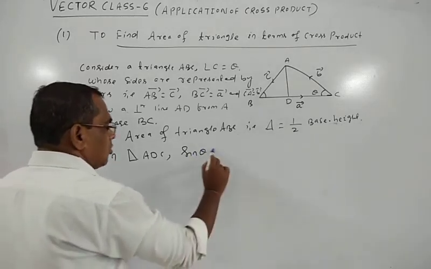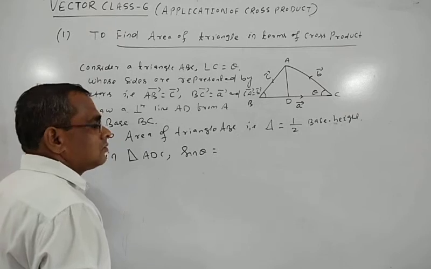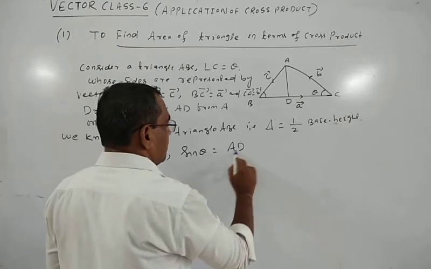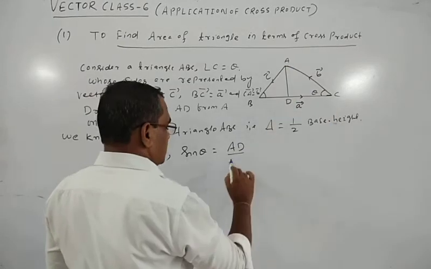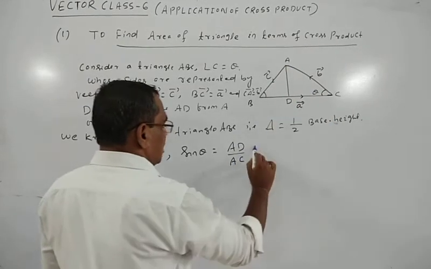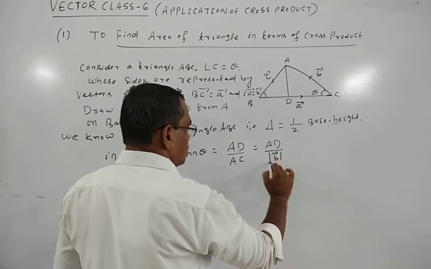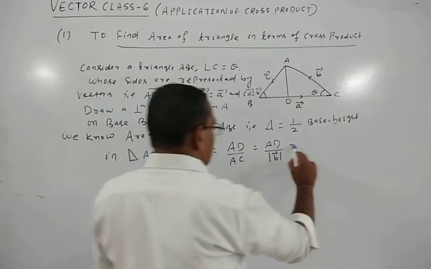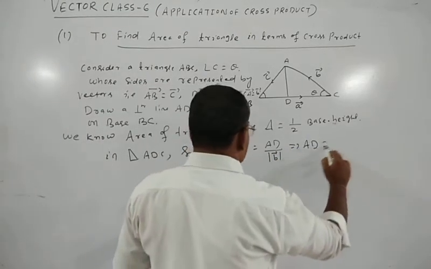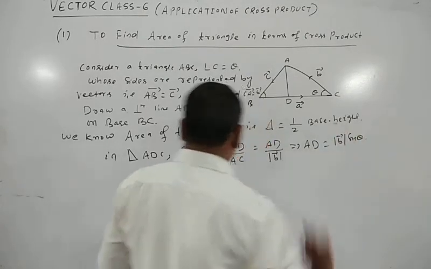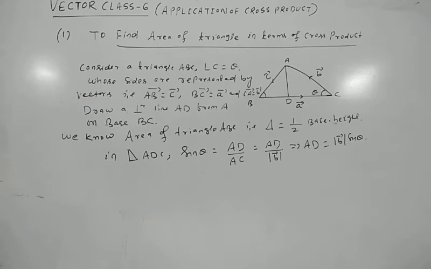Sin theta is equal to perpendicular by hypotenuse, which is AD by AC, and this is equal to AD by magnitude of B vector. That implies AD is equal to magnitude of B vector into sin theta.